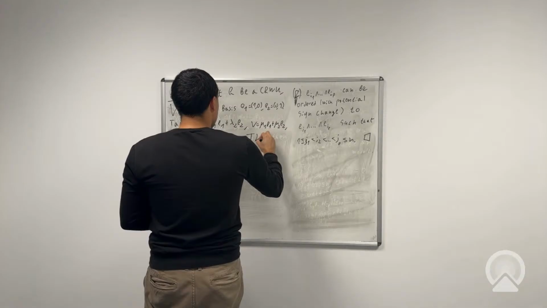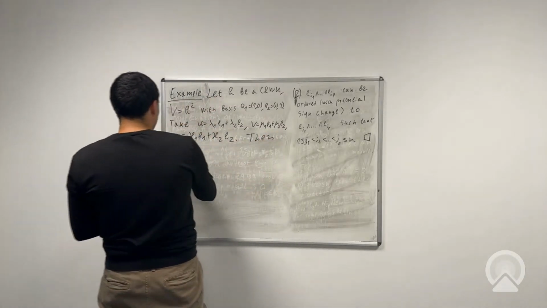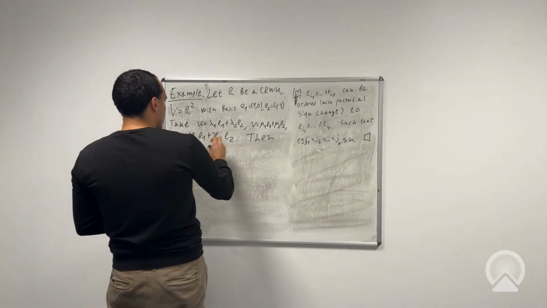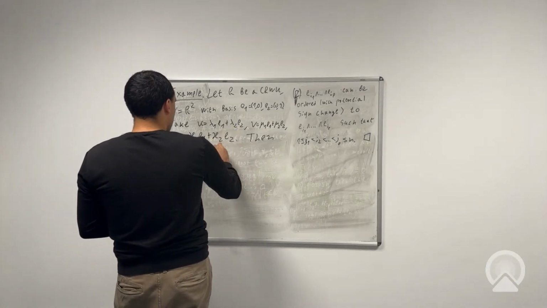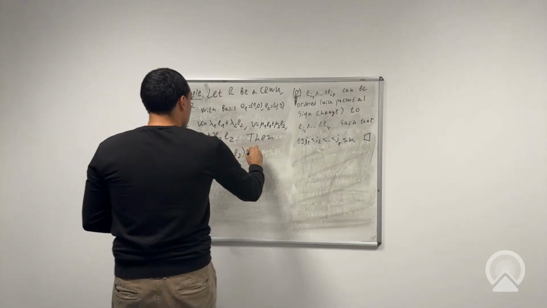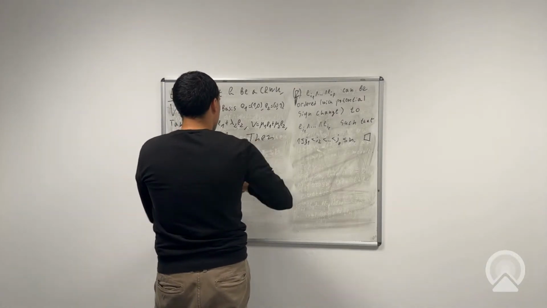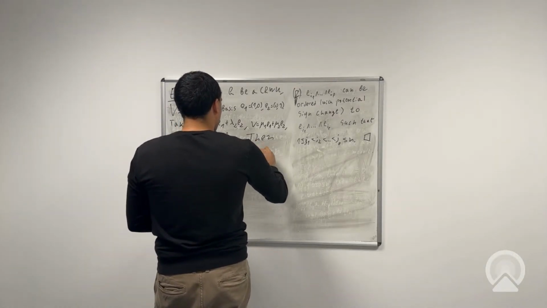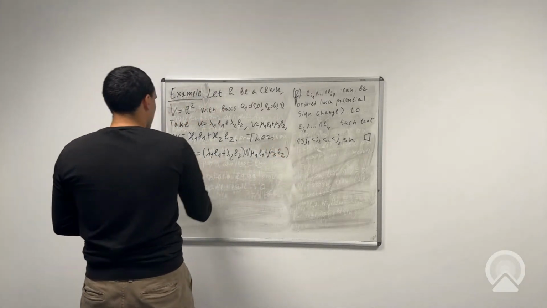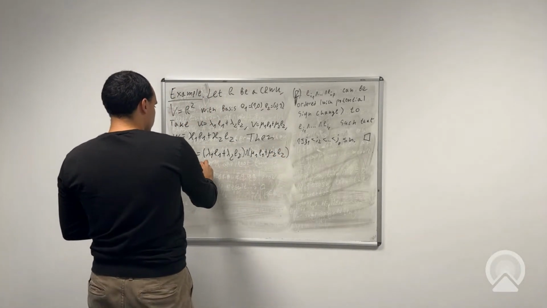Then, so first let's compute u wedge v. U wedge v is, let's rewrite, lambda 1 e1 plus lambda 2 e2 wedge mu1 e1 plus mu2 e2.